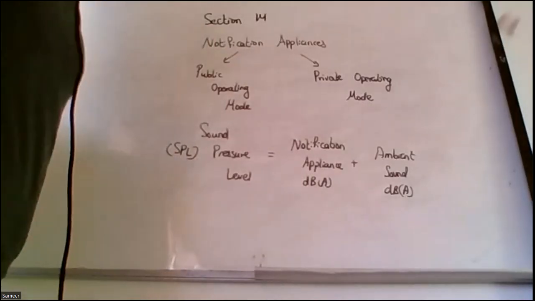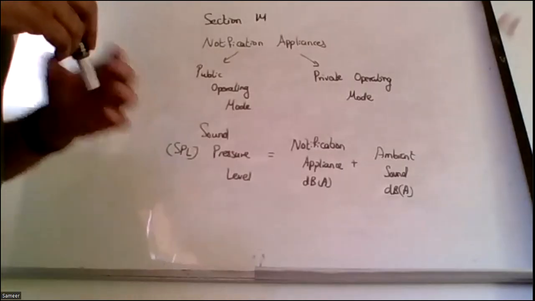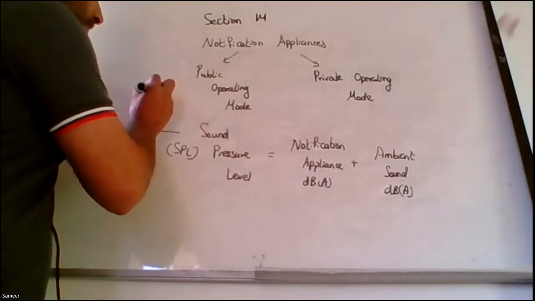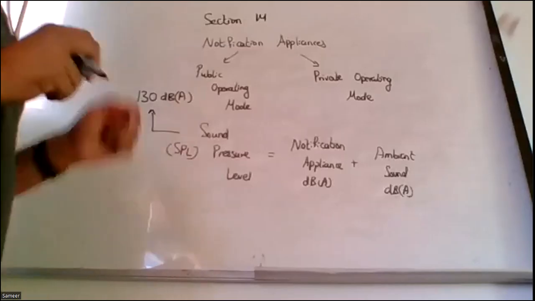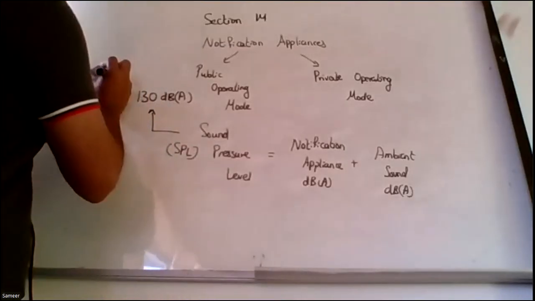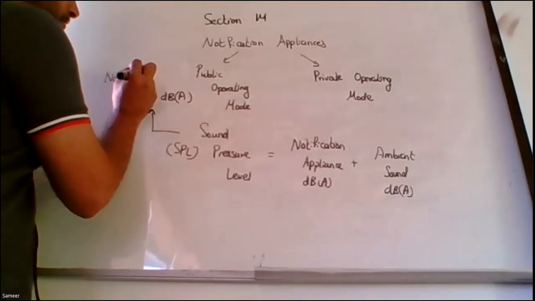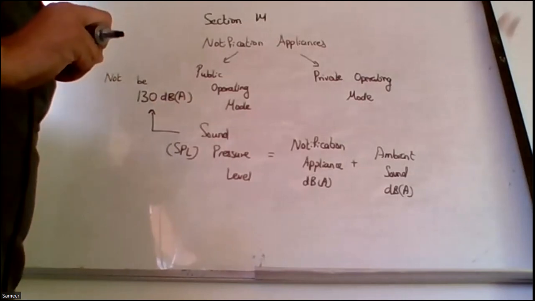The sound pressure level of any notification appliance, as restricted by OSHA and NFPA, should never be 130 dBA or above. Why?